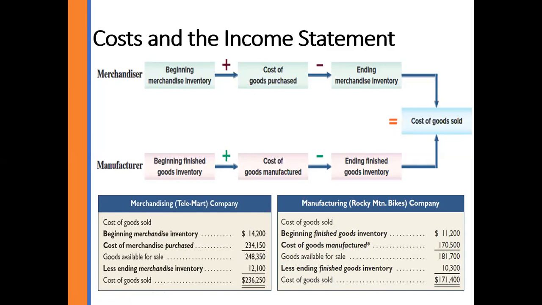On the other hand, for a manufacturer, the goods that are available for sale are the finished goods. So for a manufacturer, we use our finished goods for this calculation. We take beginning finished goods inventory plus cost of goods manufactured minus ending finished goods inventory. And remember, that cost of goods manufactured is calculated by taking our main manufacturing costs: direct materials, direct labor, factory overhead. Okay.